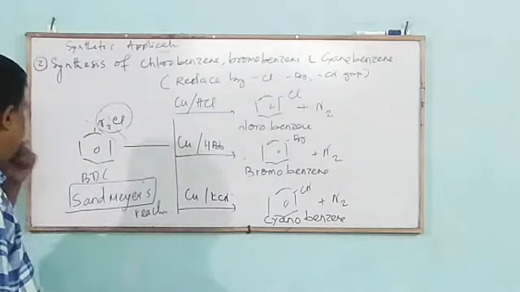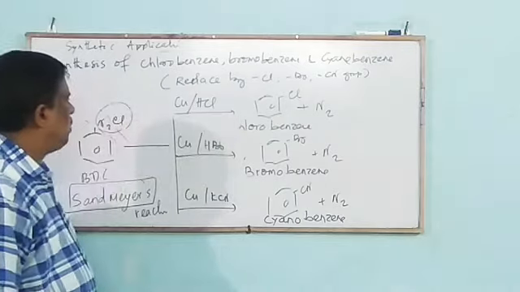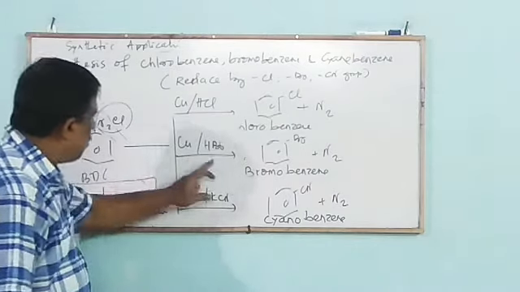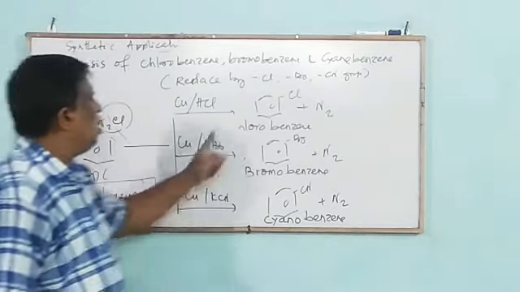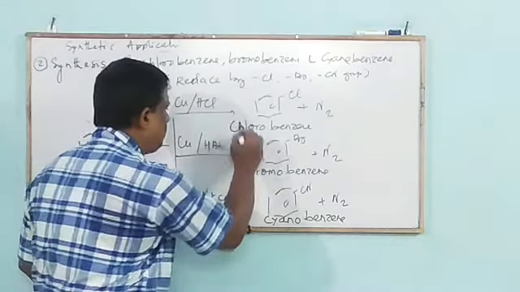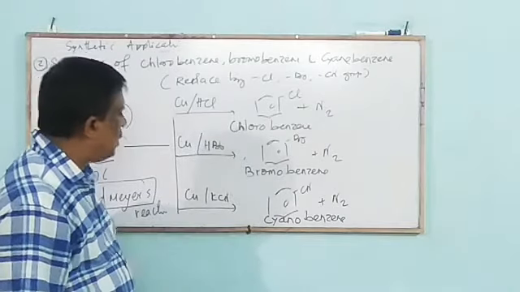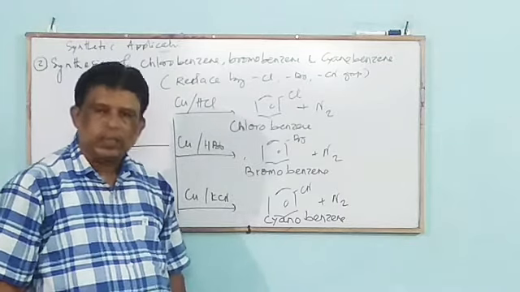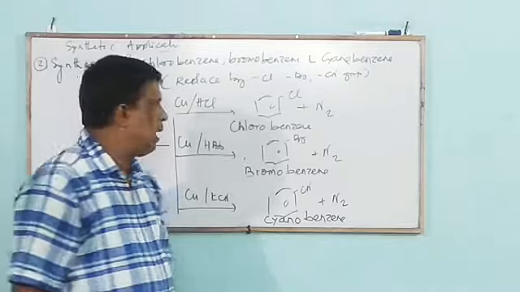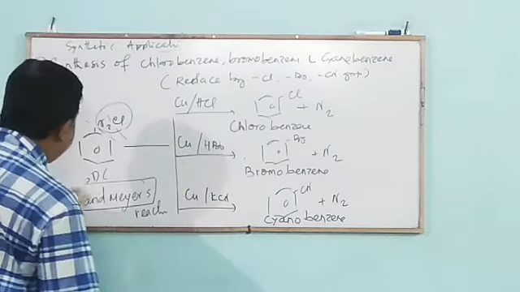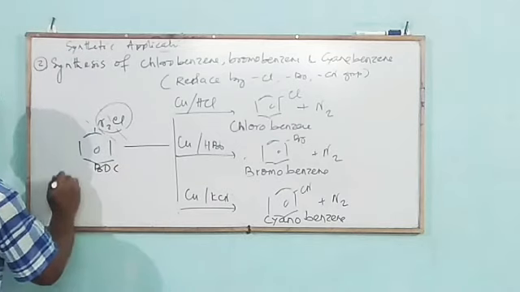On the other hand, when benzene diazonium chloride is treated with hydrogen chloride in presence of copper powder, hydrogen bromide in presence of copper powder, and potassium cyanide in presence of copper powder, chlorobenzene, bromobenzene, and cyanobenzene (phenyl cyanide or benzonitrile) are formed. This reaction is known as the modified Sandmeyer reaction or Gattermann reaction.